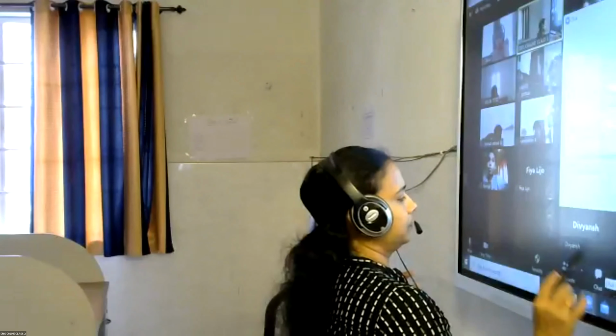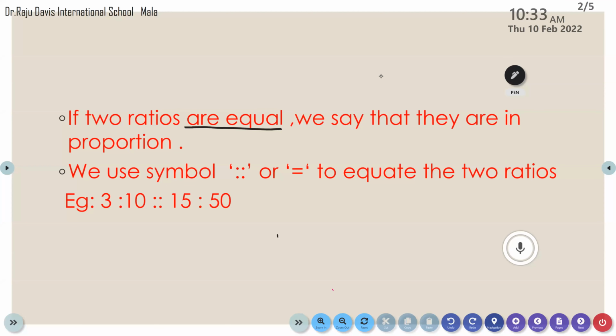So when these two ratios are equal, we say they are in proportion. And what is the symbol used here to represent proportion? That colon, like here, 2 colons. Or children, instead of this, we can write equal to also. So what is proportion?